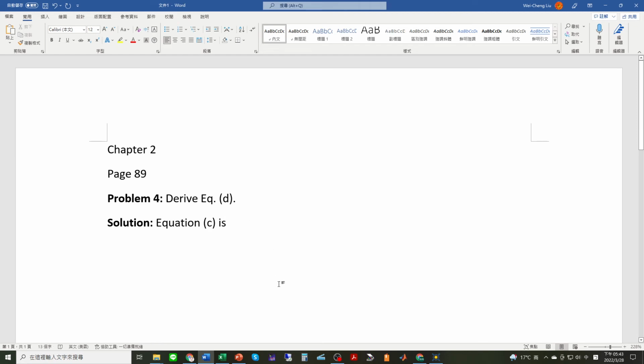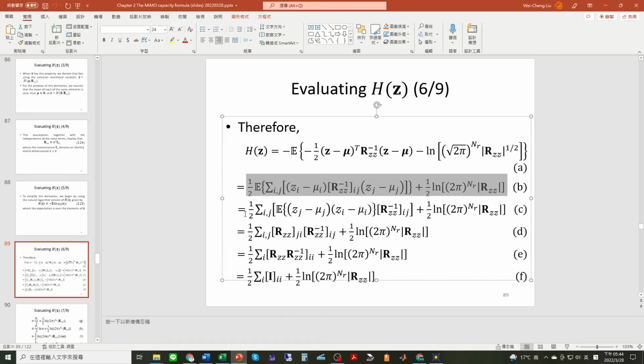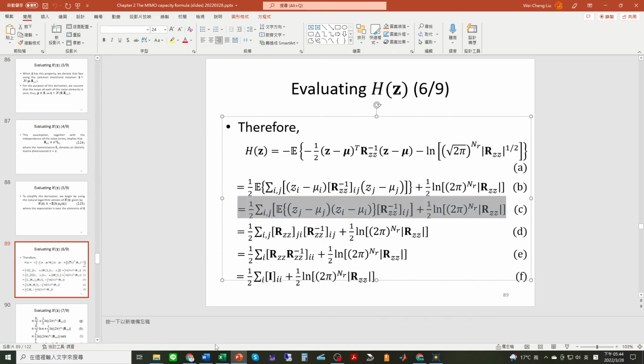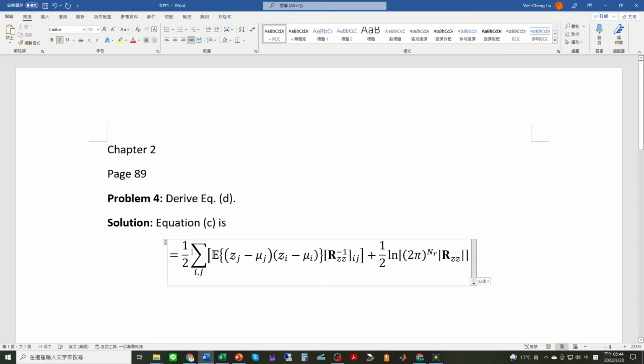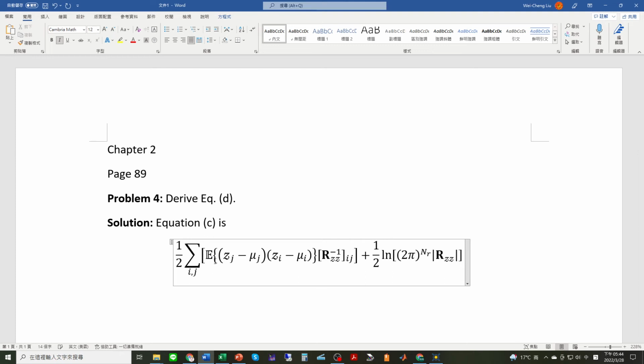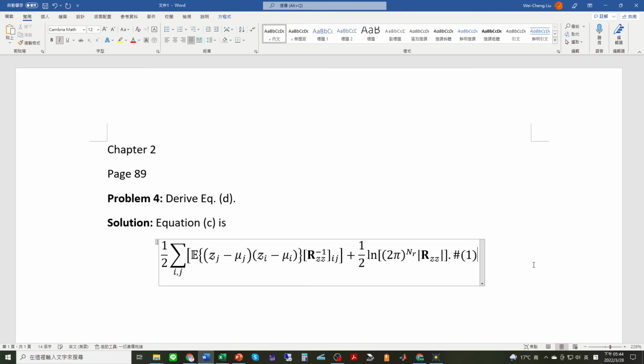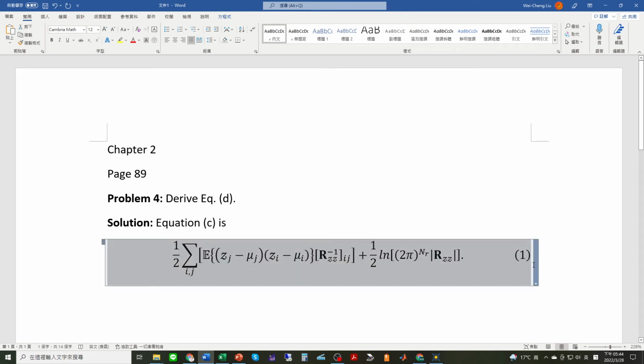Okay, so let me copy the equation C from the slides and paste it into Word. So this is the equation C. I call this equation 1.